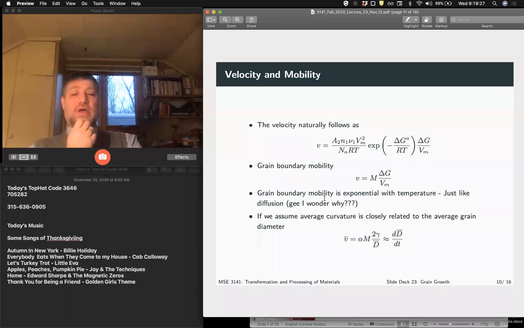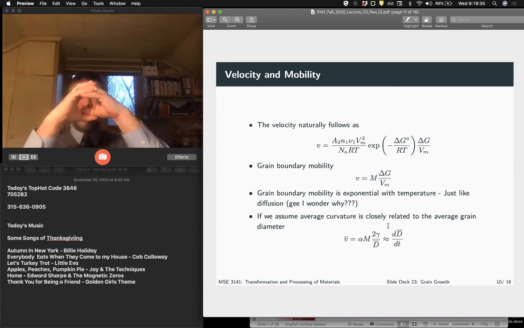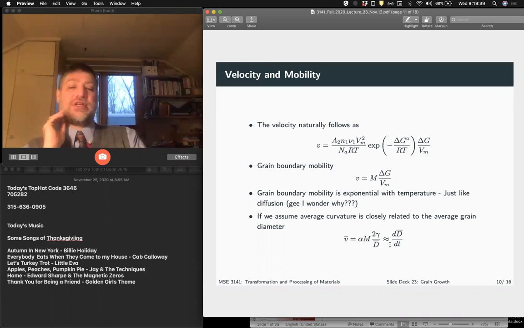And so what we can do then, if we assume that the curvature of our grains is related to the grain size distribution, we can relate an average curvature to an average grain size, and come up with an expression for the average velocity.